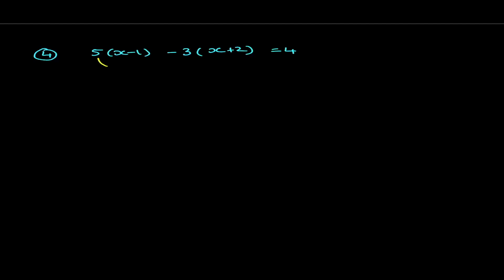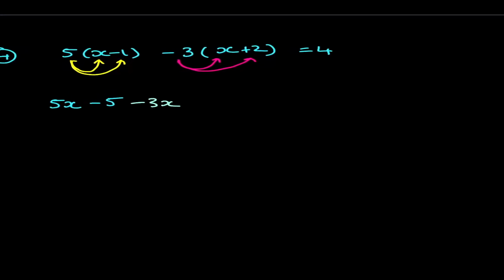So everything that's outside the bracket, you must multiply by what's in the bracket. So that becomes 5x, and minus 1 times 5 is neg 5. And same for this fella. You're going to do minus 3 times x, which is neg 3x, and then minus 3 times positive 2, which is negative 6. And that equals 4.